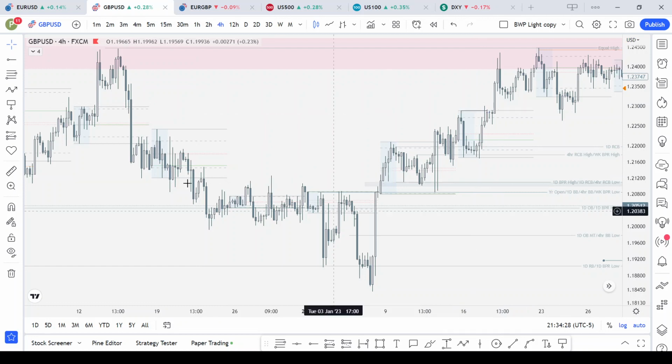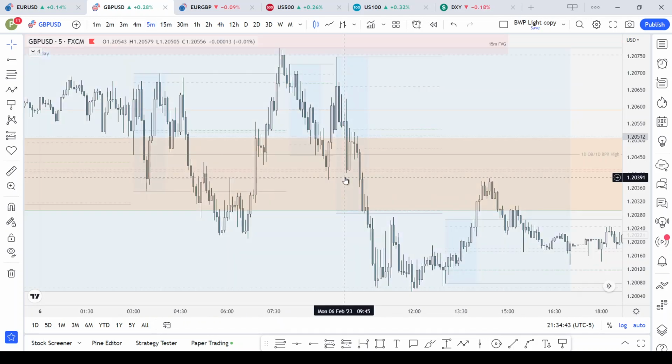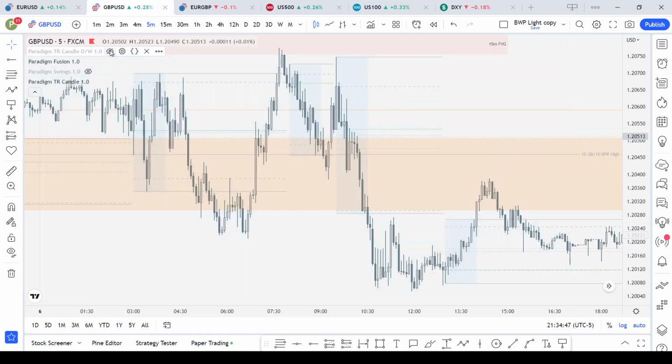In the algorithmic video series, I'm going to show you the other two TR candles for the daily time frame. Okay, so let's go to the intraday TR candle. Let me turn off the daily TR candle.